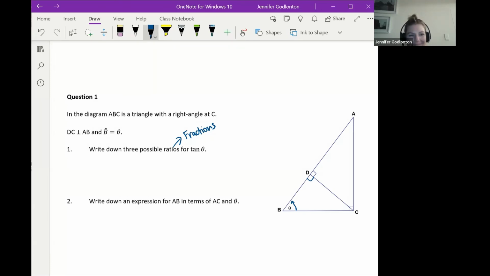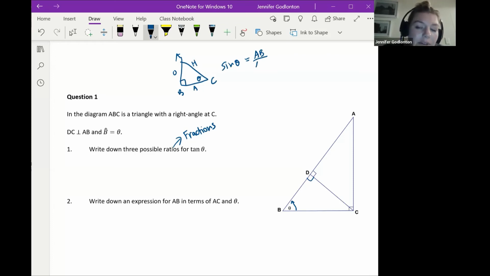Hello, admin. How can we help? Please repeat what does it mean that we must write 3 possible ratios? So the ratios are the things like we've been talking about. So where we have a triangle, if this was A, B, C, and if this was theta, and that was O, A, and H. If I wanted sine theta, then one ratio would be opposite, so AB over hypotenuse, which would be AC.